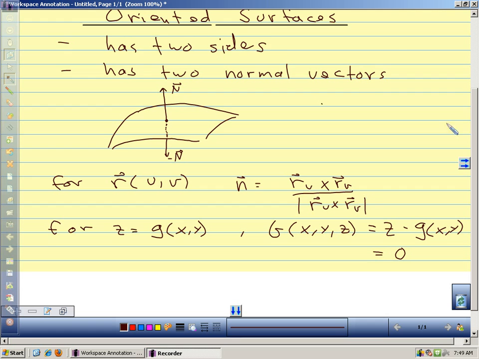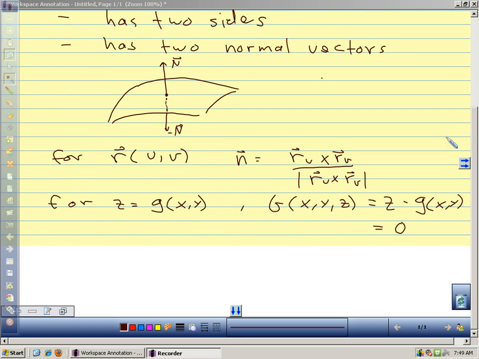So I just subtract g of x, y here, and this is my function that gives me my surface, and my normal vector n is del g over the length of del g. Because the gradient of a surface given by g of x, y, z equals 0 gives me a normal vector, and we divide by the magnitude of that normal vector to get the unit normal vector.